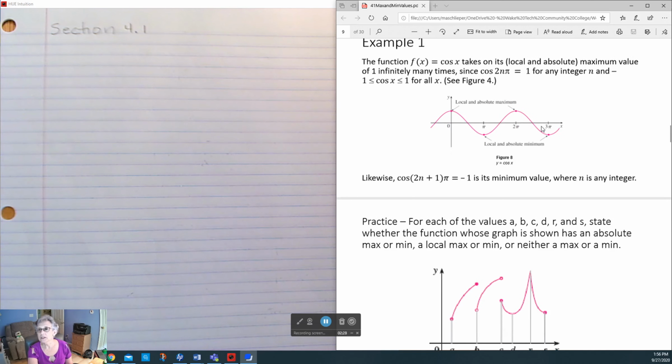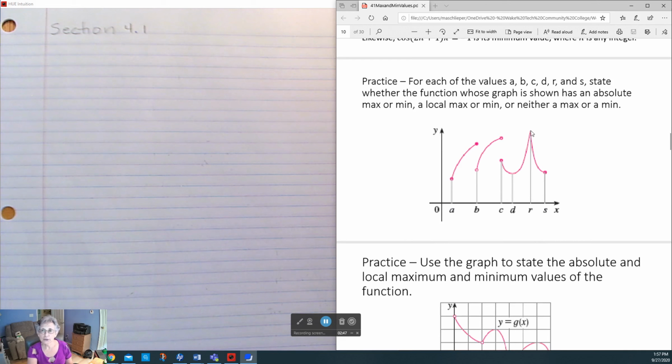Example 1 just takes you through cosine. Cosine goes like this. It has a max and min, a max and min, a max and min, and they're all local maxes and absolute maxes, so you can have multiples.